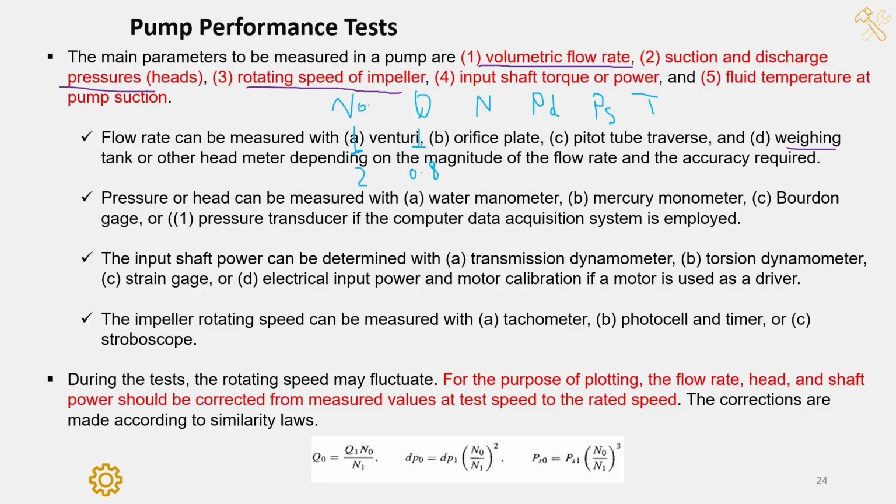Speed varies as well, for example one time 1700, another time 1710, and similarly with the other parameters here. When this happens, you can use the similarity laws, these 3 laws, to determine the performance of this pump at a certain rated speed.